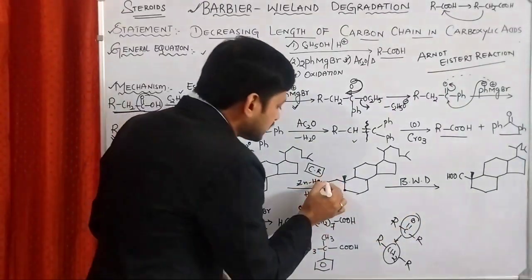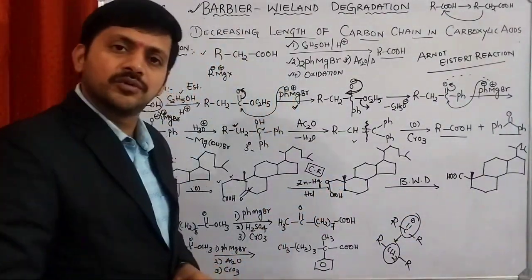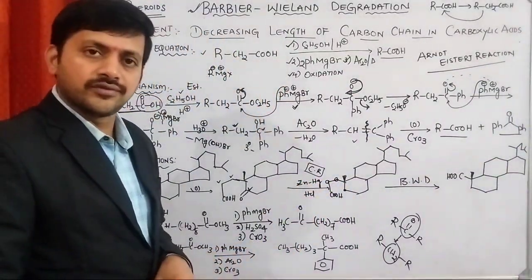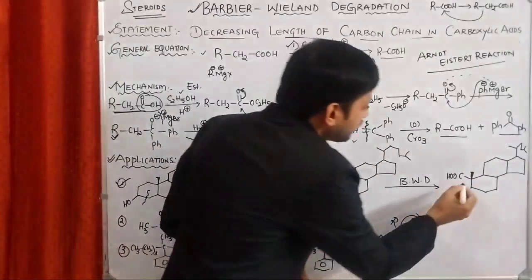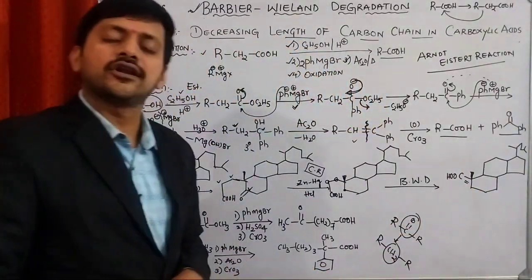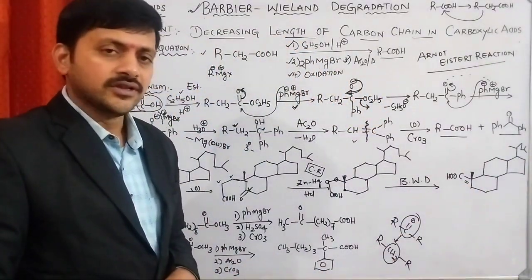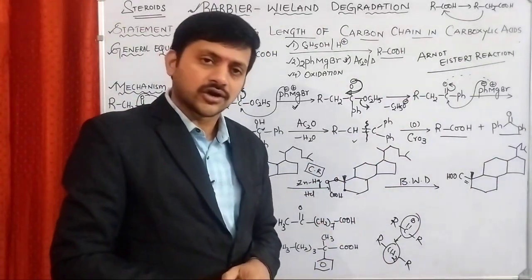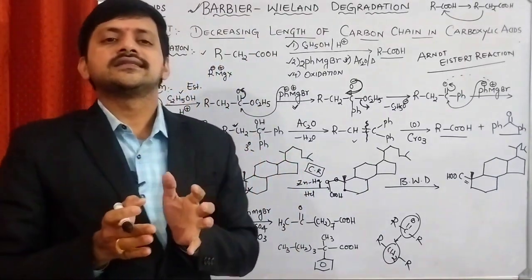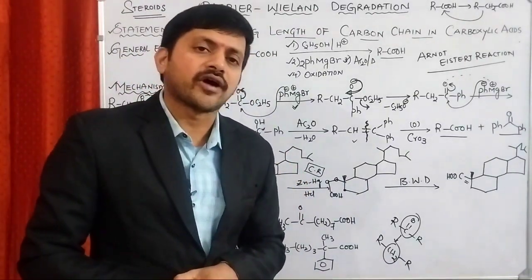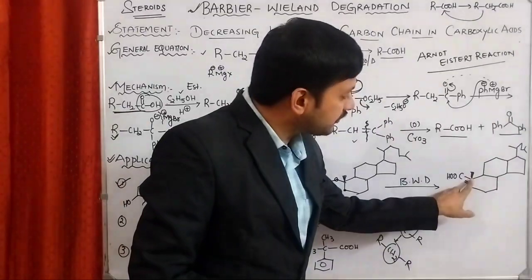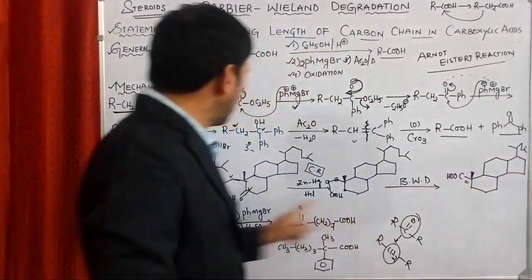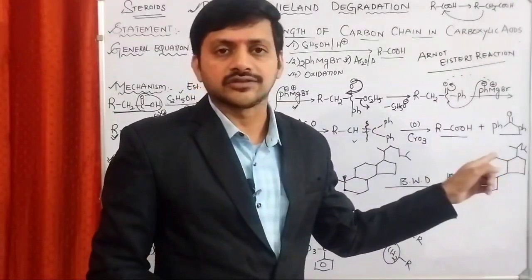The first time, the first CH2 unit is removed. The second time, the second CH2 unit is removed. Thereby we come up with this kind of moiety. Why do people do this? Because this is for the structural determination of steroid moieties. In order to identify the methyl group at this particular position, we need to do this transformation.